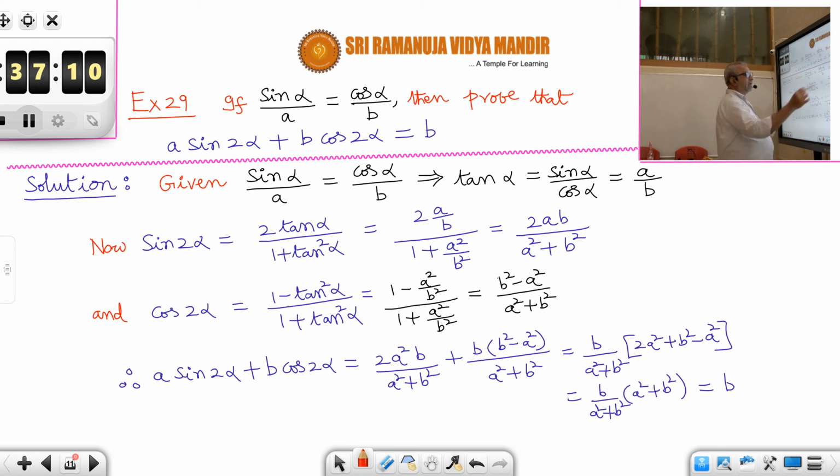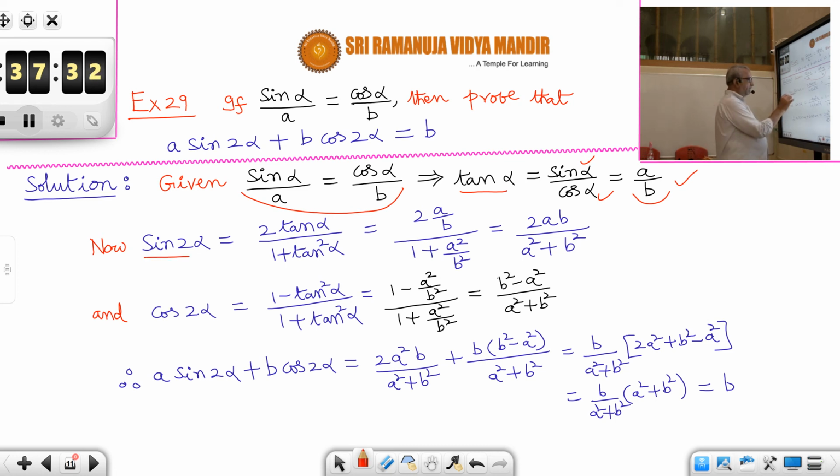This implies tan alpha, which is nothing but sin alpha by cos alpha, is a by b. That is called alternando. So tan alpha is a by b.